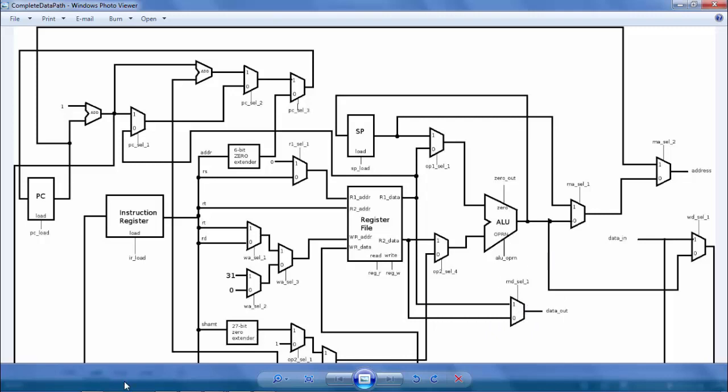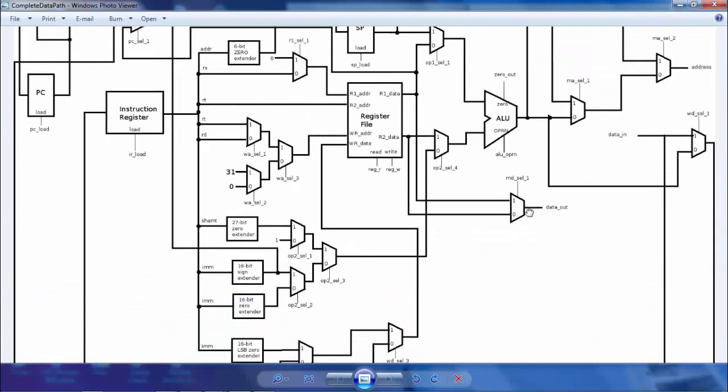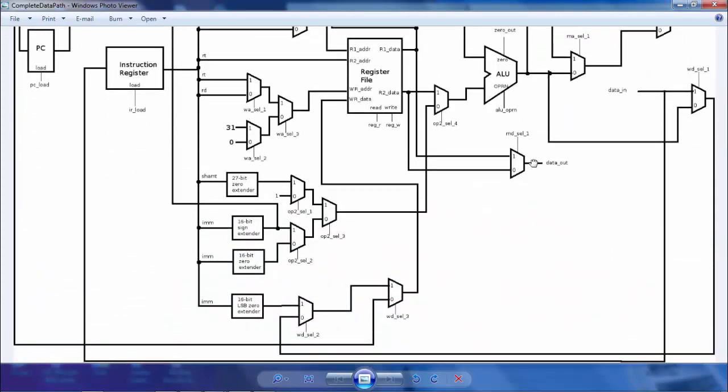And the last group, but definitely not the least, is my write data selection. Not destination, write data selection. So my write data has a couple of sources, right? Either it can be coming directly from the memory.